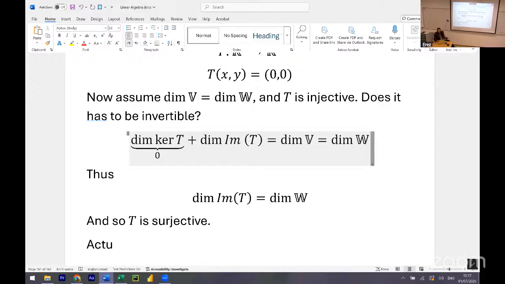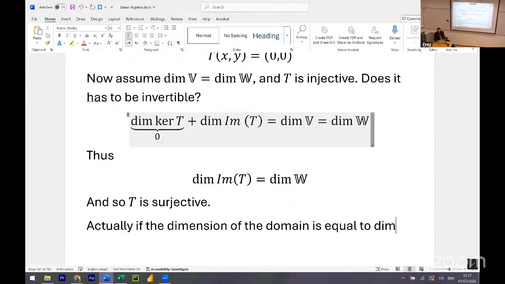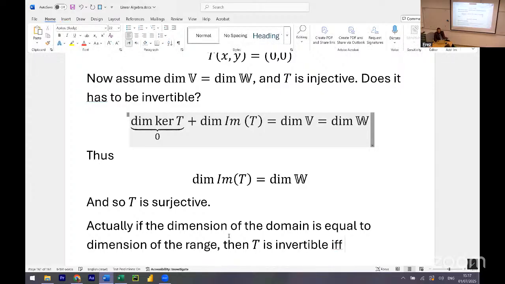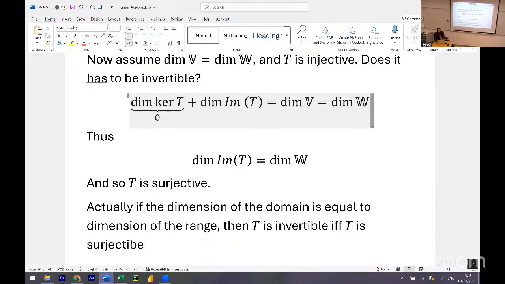Actually, if the dimension of the domain is equal to the dimension of the range, then T is invertible if and only if T is surjective, if and only if T is injective.